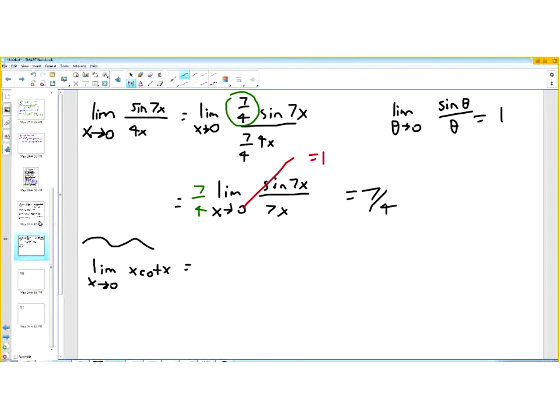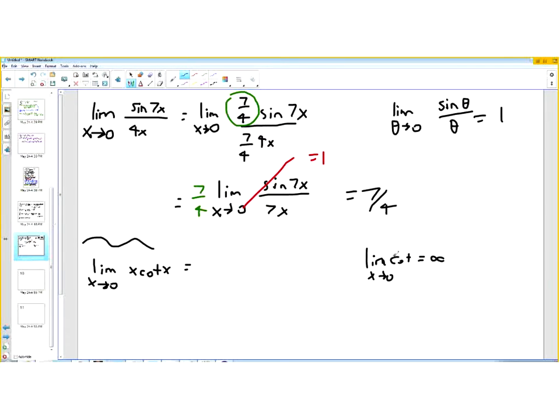Now the question is, can you use direct substitution here? Well, you can't, because the limit of the cotangent function as x approaches 0 is actually equal to infinity.